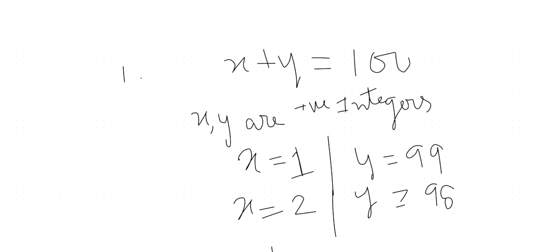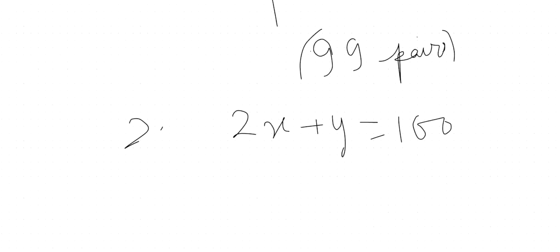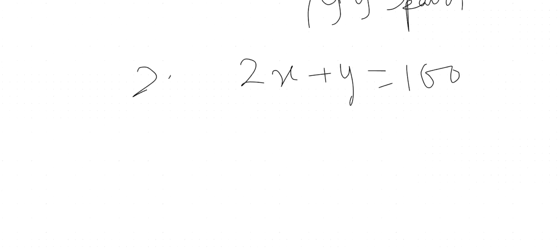Now, if in the same question I just add a small coefficient, for example, a coefficient like twice of x plus y is equal to 100, right? Twice of x, which means that this is not simple x, but I've added a 2. In this case, there will be one small change, which is that now you can still have x is equal to 1, but in case of y, this is not going to be 1.